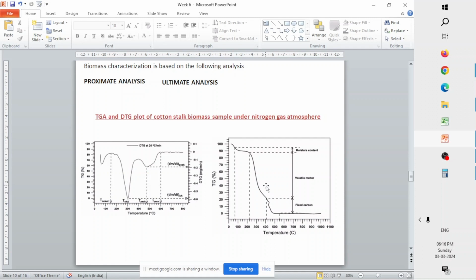For that reason, we go for the DTG plot, that is the differential thermogravimetric plot. So here you can easily visualize the amount of degradation that is due to your hemicellulose content, which is this one, and then this one is how much degradation happens at this temperature due to the cellulose.